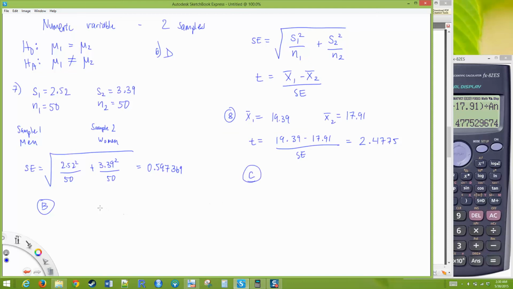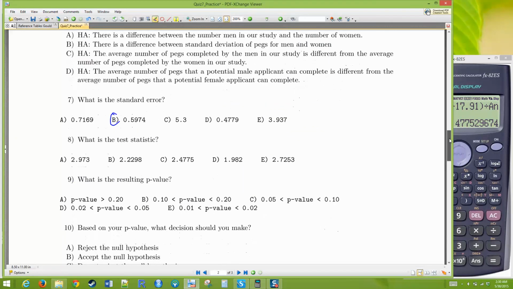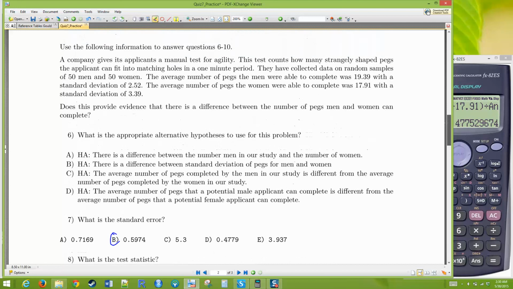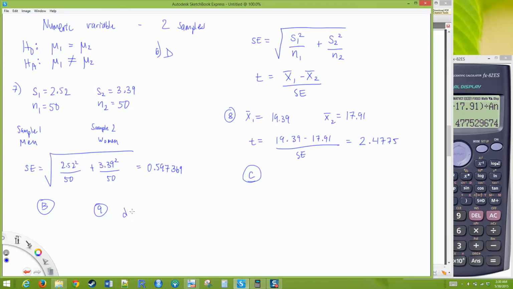Okay, let's go on. Number 9 is asking what is our p-value. In this case, our degrees of freedom is equal to n minus 1, and we use the smaller of n1 and n2. Both n1 and n2 are 50, so we have 49 degrees of freedom.